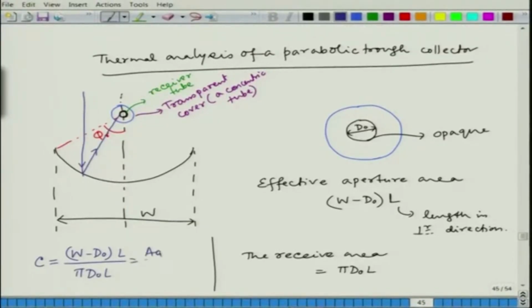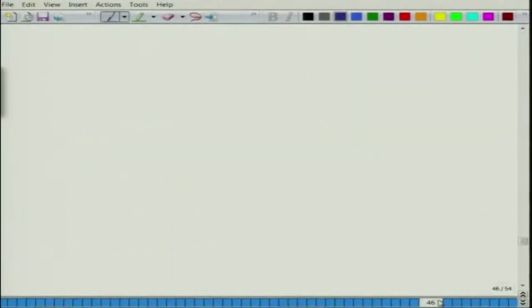Basically, this is A_A by A_R, that means this is W minus d naught divided by pi d naught. Okay. For our tube geometry of the receiver, we have the concentration ratio, which is W minus d naught divided by pi d naught.